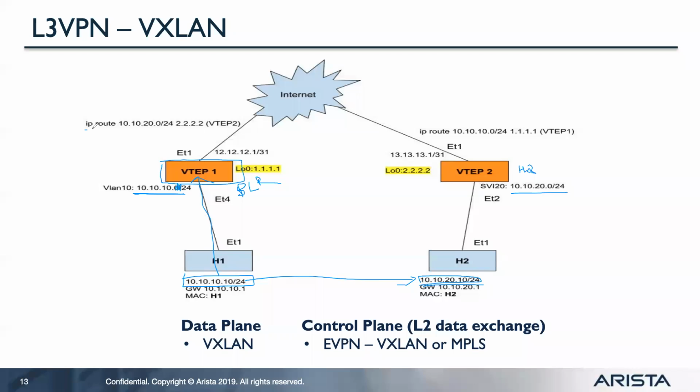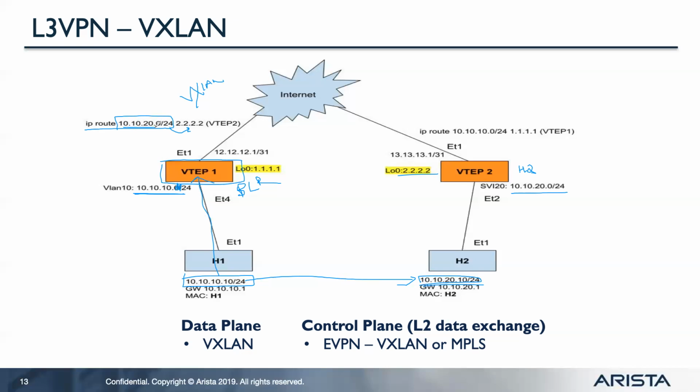It will check that to reach the 10.10.20.0/24 subnet, you have to send this packet to VTEP 2222. It is behind VTEP 2222. So if you want to reach this subnet, you send the packet to VTEP 2222 over VXLAN. There is a few more fields in the routing table which suggest that you have to send it through VXLAN to 2222.